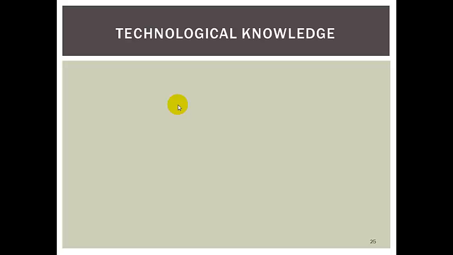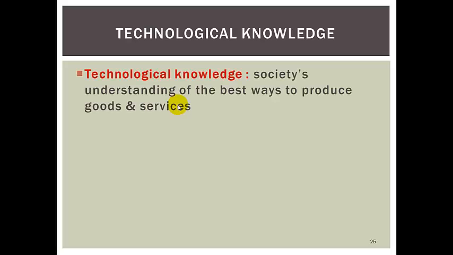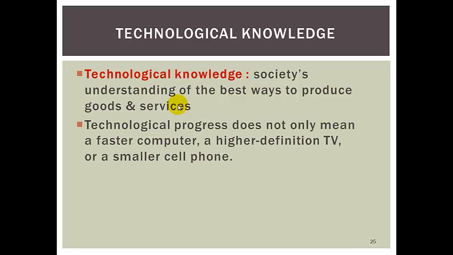Technological knowledge is another thing that affects productivity. When we talk about technological knowledge, we talk about society's understanding of the best ways to produce goods and services. So here we're not necessarily talking about human capital, about that obtained knowledge and obtained skills. It's our understanding of how to produce goods and services in the best possible way.